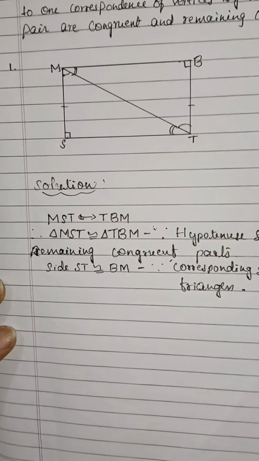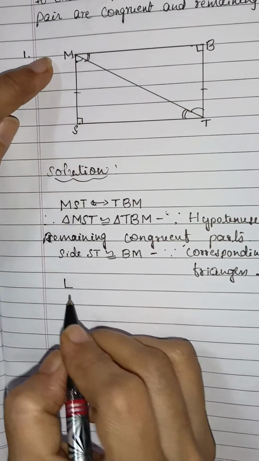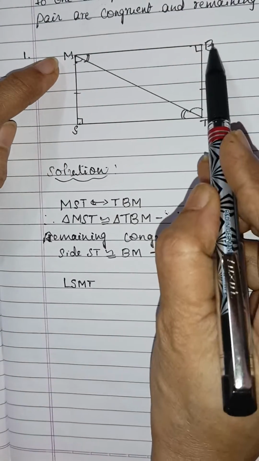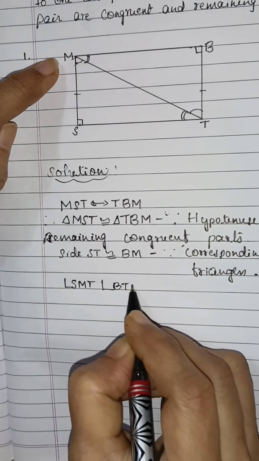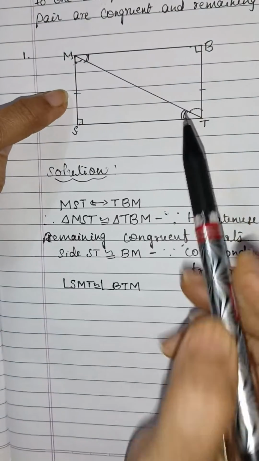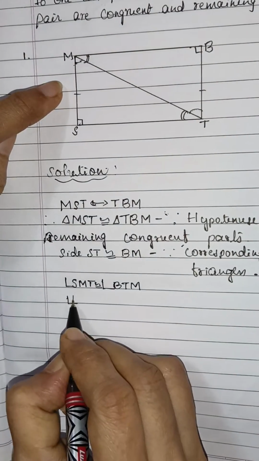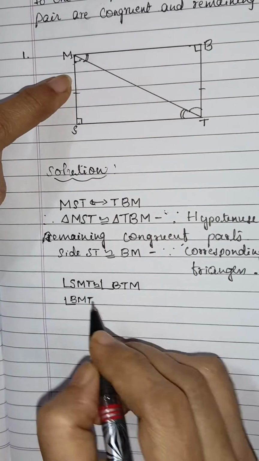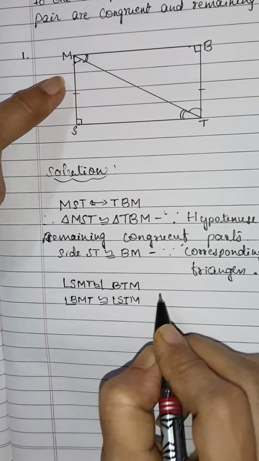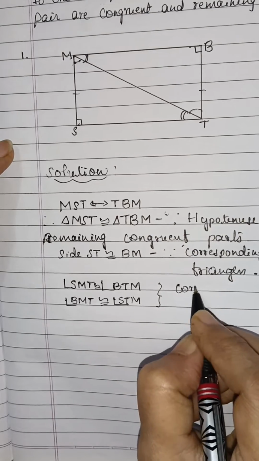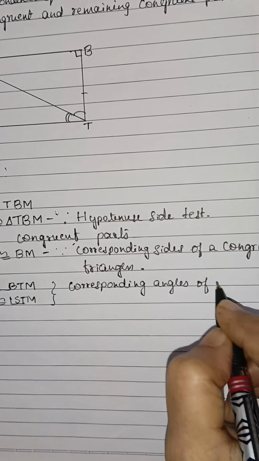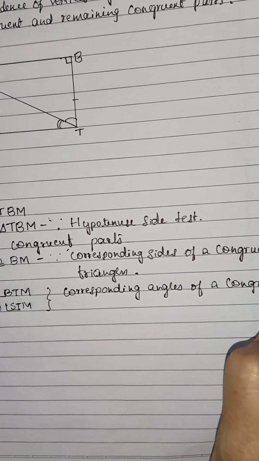Now write here: angle SMT is congruent with angle BTM, and another one is angle BMT is congruent to angle STM, because these are corresponding angles of congruent triangles.